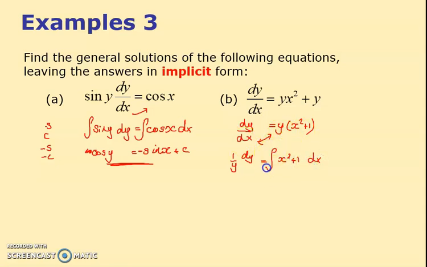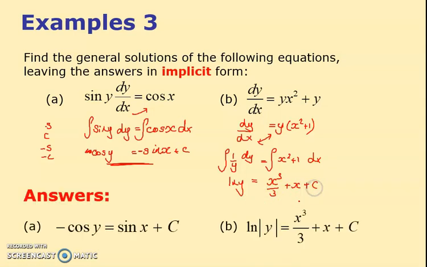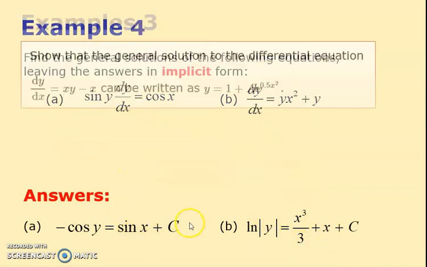And I integrate both sides. Integral of 1 over y is log y equals integral of x squared plus 1, well that goes x cubed over 3 plus x. And it said leave it in implicit form, so I suspect that's what it's got. Log of y is that, yes, and minus, well they left the minus where it is, both are right.